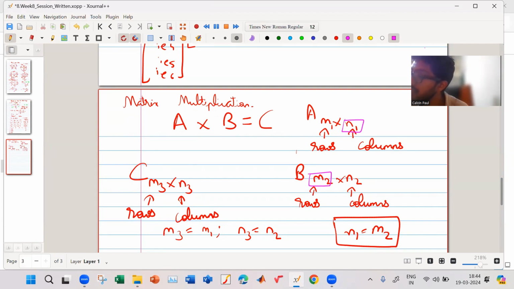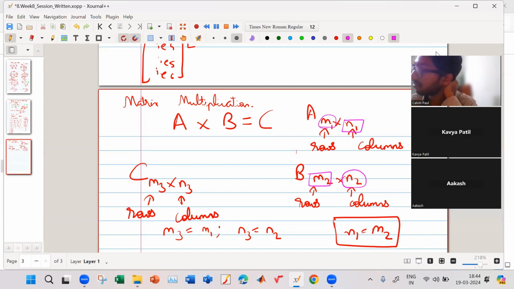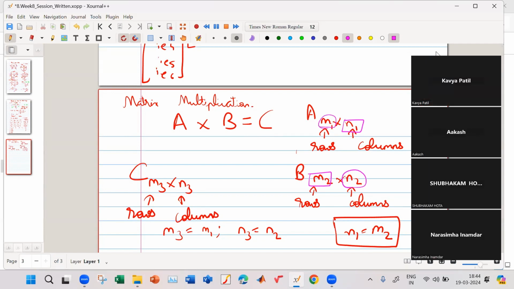If it is possible, then the product will come out to be C, with the number of rows of A and the number of columns of B. This is a very important thing which you must remember. Kota and all, do you have any doubts in this? No, sir.